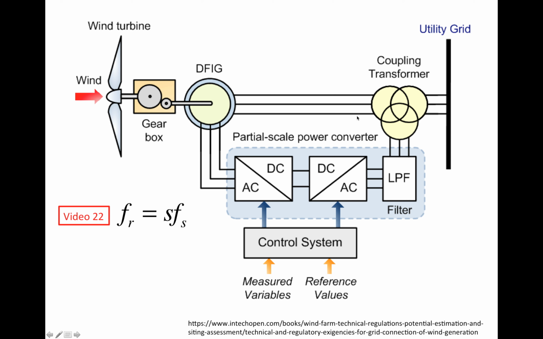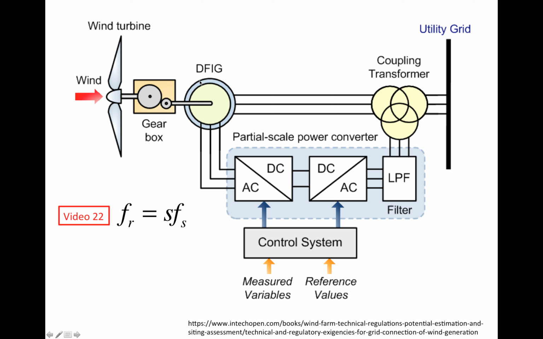We have not talked about power converters yet. But the purpose of this power converter is to convert the AC power that's coming off the rotor of the induction generator into a form that can be connected to the utility grid. In this particular diagram, you have the induction machine here.